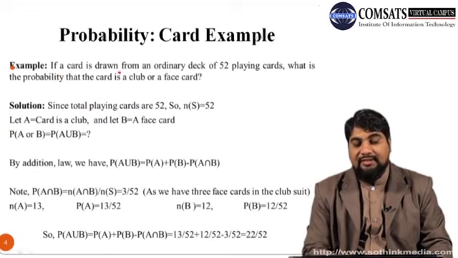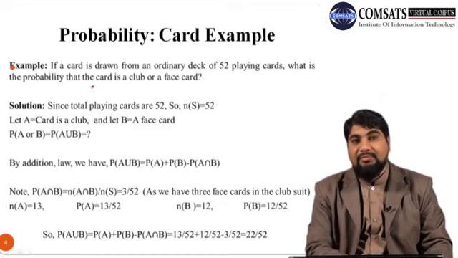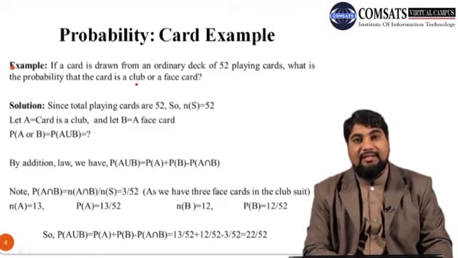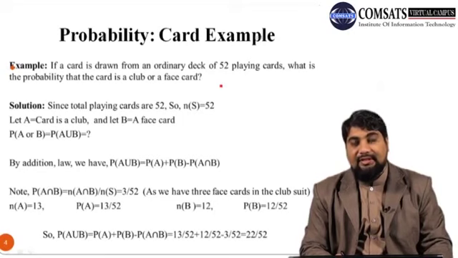If a card is drawn from an ordinary deck of 52 playing cards, what is the probability that the card is a club or it is a face card? Note that we have discussed in our previous lecture the laws of probability.